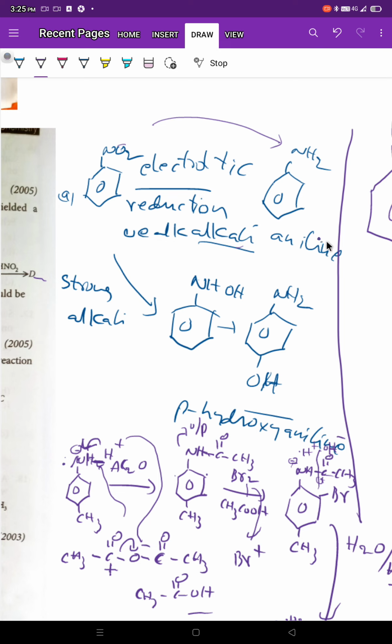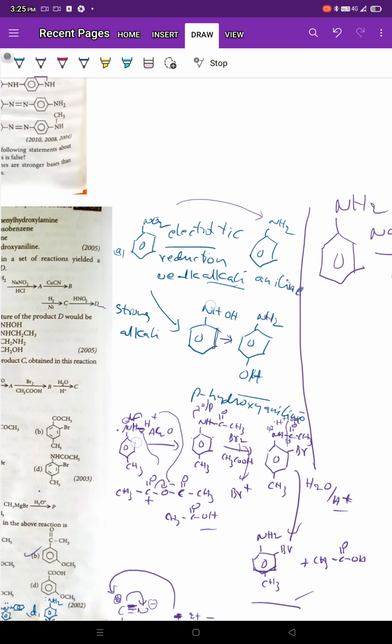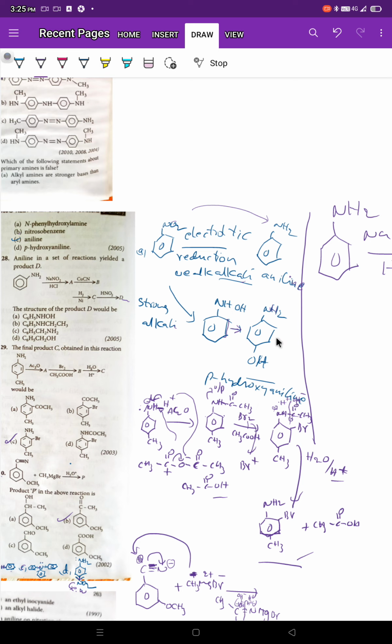If it is a strong alkali, you can get the product initially like this, then it is converted into this one. This is known as para-hydroxyaniline.